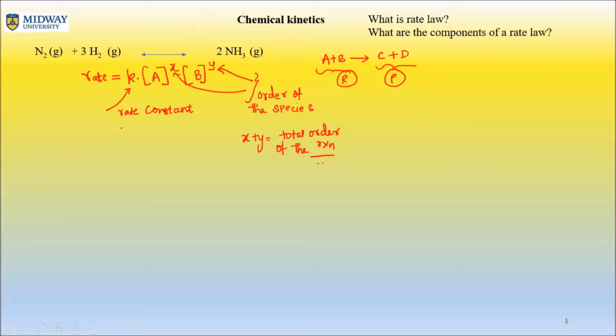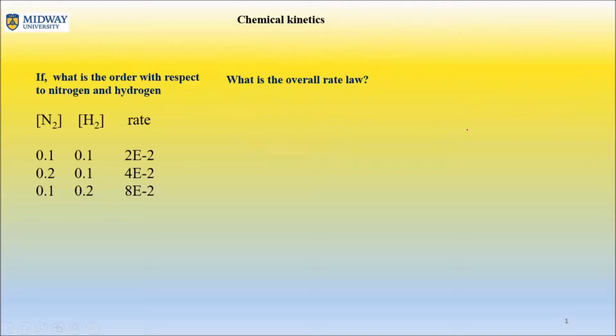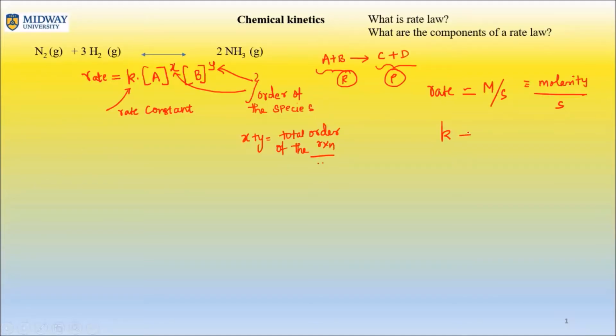As I said, the unit for rate is always molar per second, okay? This is essentially the same as molarity over second. The unit for rate does not change. It's constant. It's M over s. Whereas the rate constant can be first order, okay?